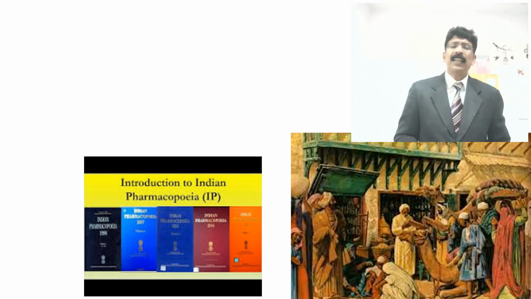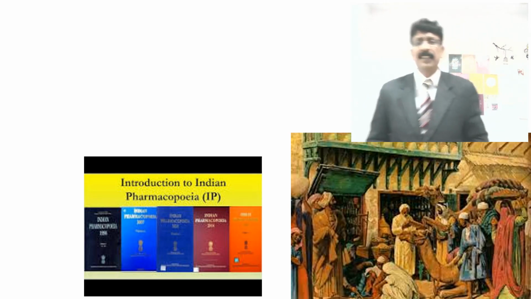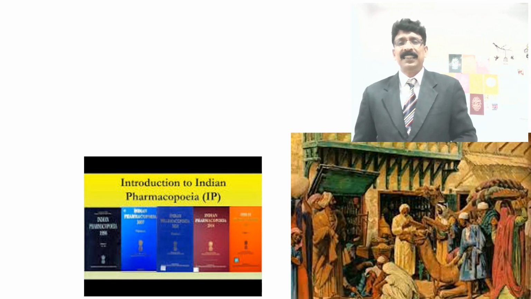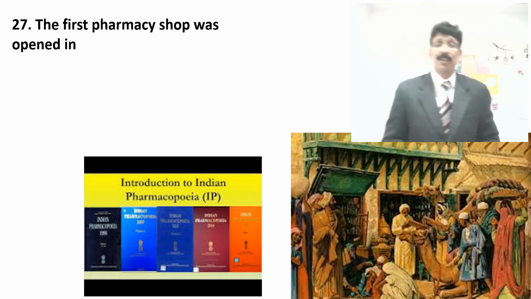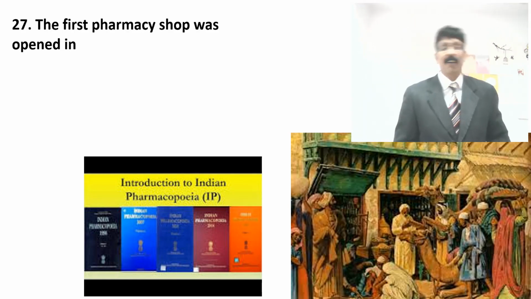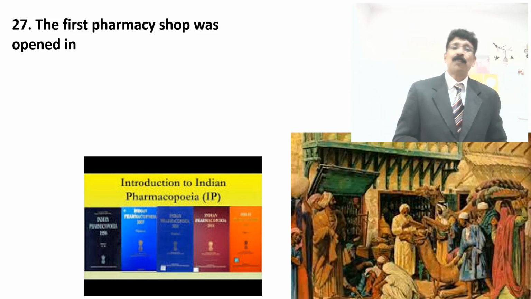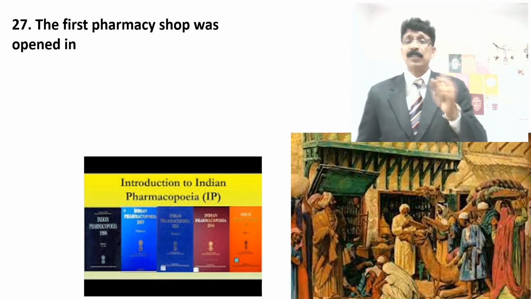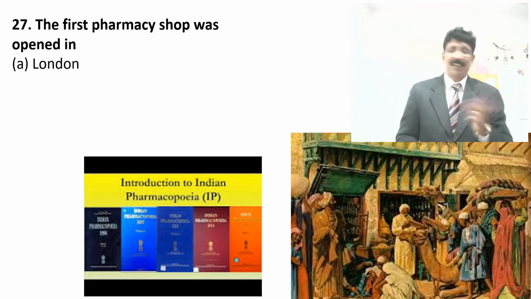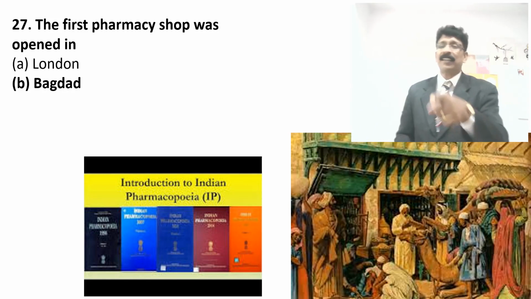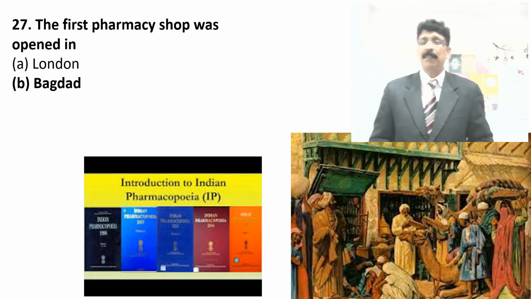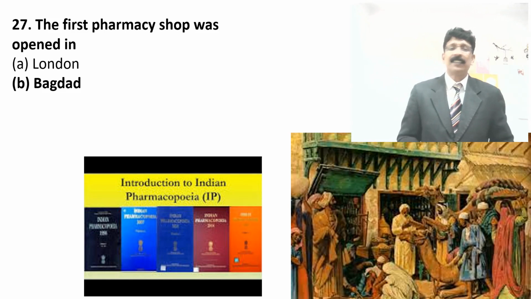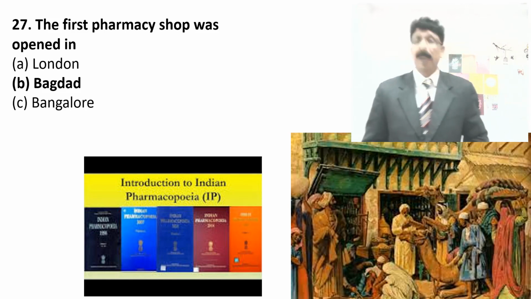Next question is about the first pharmacy in Baghdad and the Indian Pharmacopoeia; they have also given the year. Question 27: the first pharmacy shop was opened in, actually everybody knows, Baghdad. It is not in London. You can see the picture. It is in Baghdad, Iraq. It is the first pharmacy, called Sadelia, made up of sandalwood.